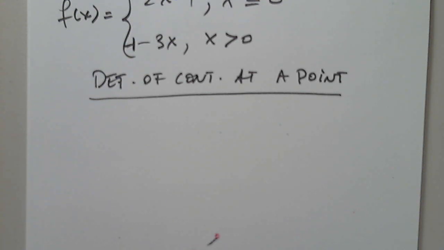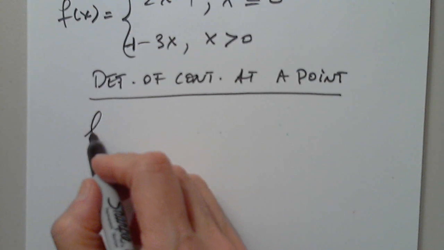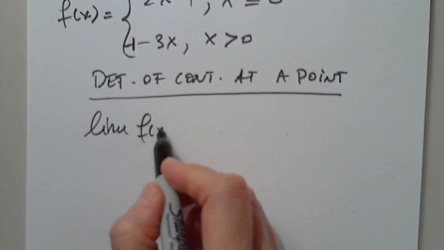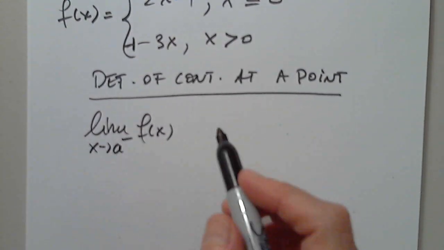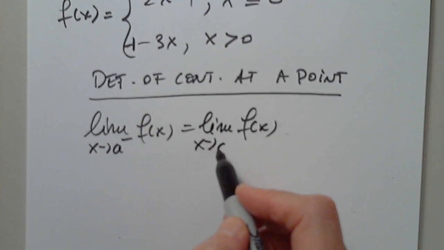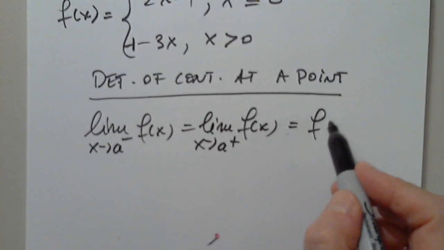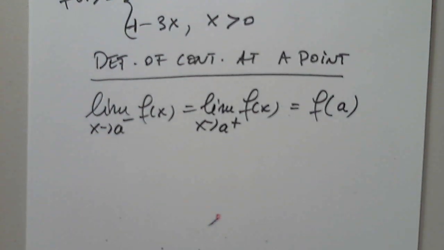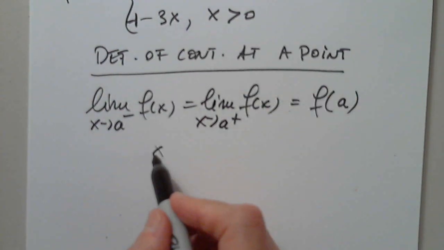Dakota, are you with us? Okay. Anyone else would like to give us the definition? The limit of f of x as x approaches a from the negative is equal to the limit of f of x as x approaches a from the positive, which is equal to f of a. Brilliant. So continuity at x equals 0.